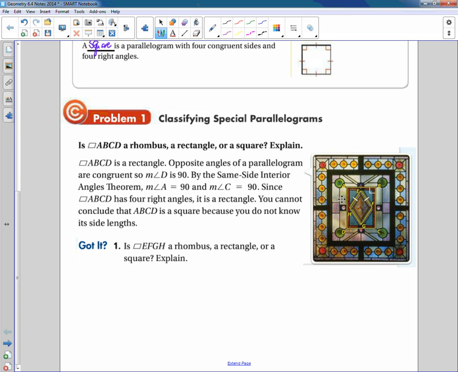What can we see? Are all the sides congruent? No, they're not. Do we have right angles? Yes, we do. So if we have right angles and the sides are not congruent, or at least we can't prove that they are congruent, then what do we have? We have a rectangle. So ABCD is a rectangle.